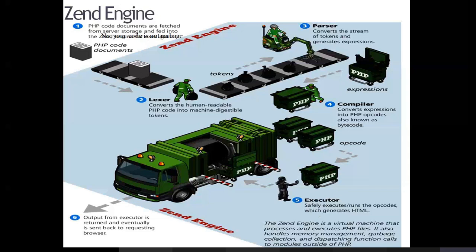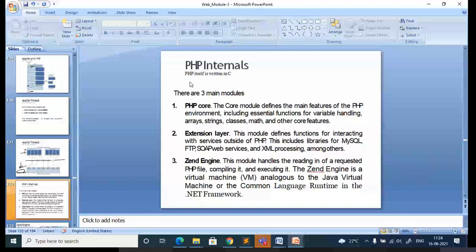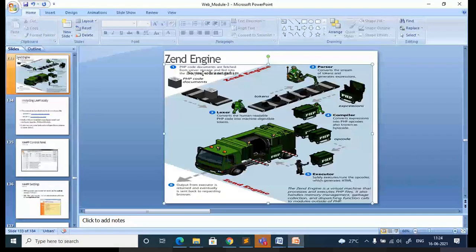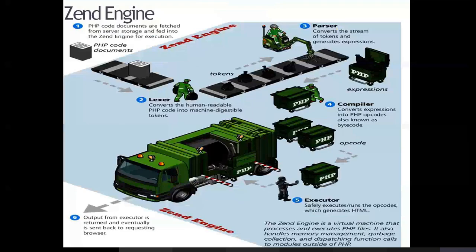This is very important, it can be asked in the exam: explain how the Zend engine works. You just need to quickly draw it, no need to write all those notations. It is just for understanding purposes. You can write it as simple boxes and explain.